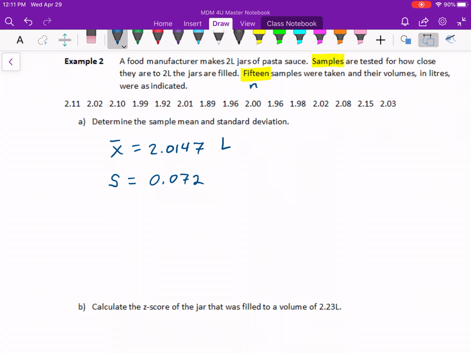Remember, this is in liters. Of those 15, the average was a little bit more than 2 liters. That's good. And the variation, the spread, is 0.072 liters. So if I add or subtract that amount, that's the average distance they are all from the average.